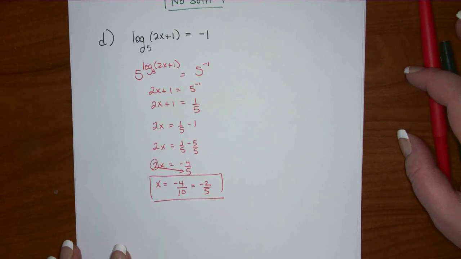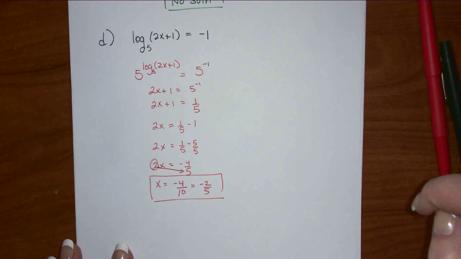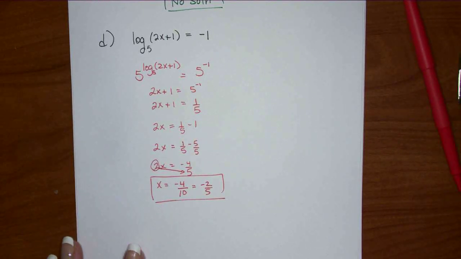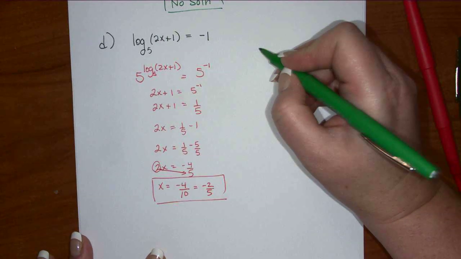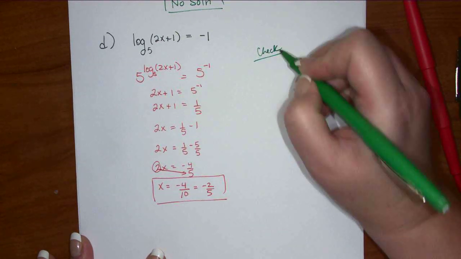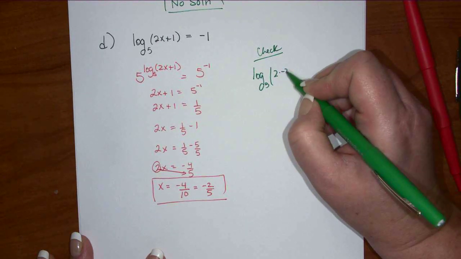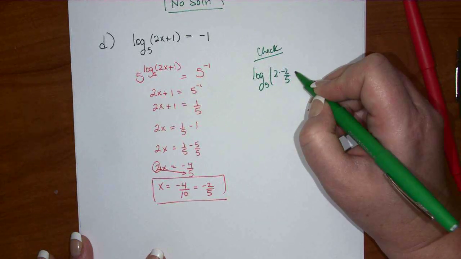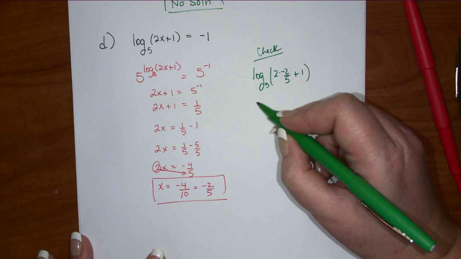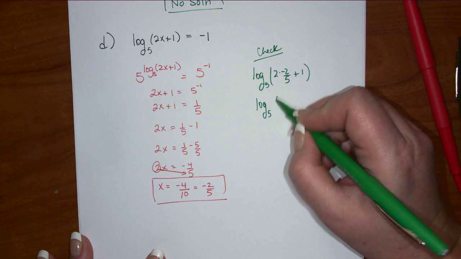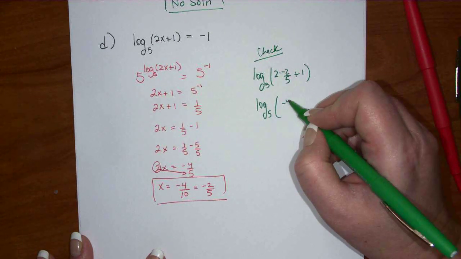Now we need to check it, because the first question started with a log. So log base 5, 2 times minus 2 over 5. Is that negative? Minus 4 over 5 plus 1?